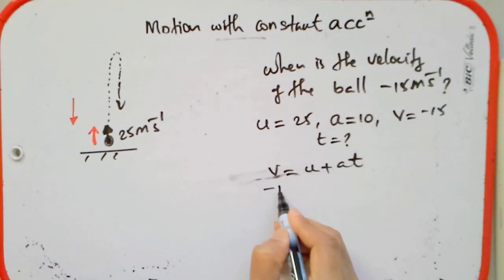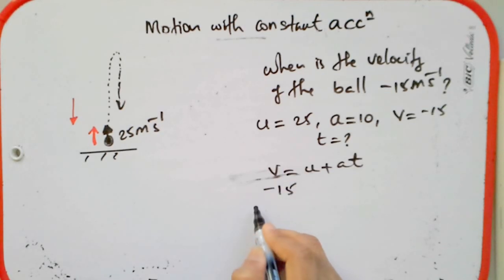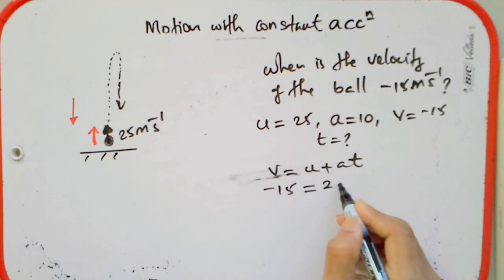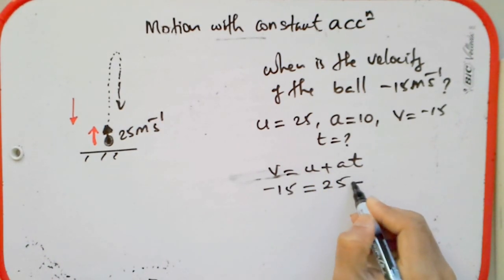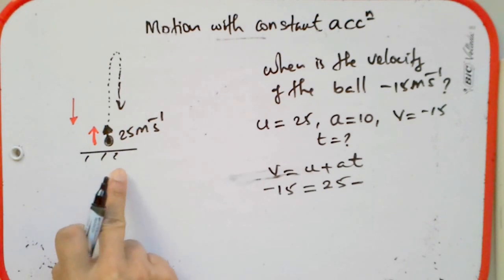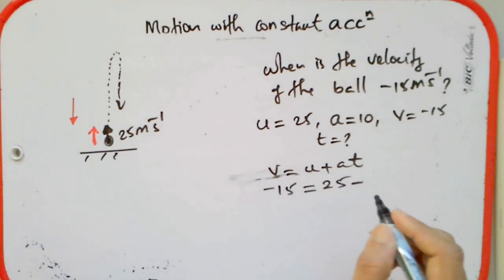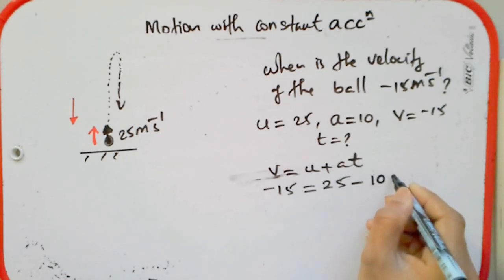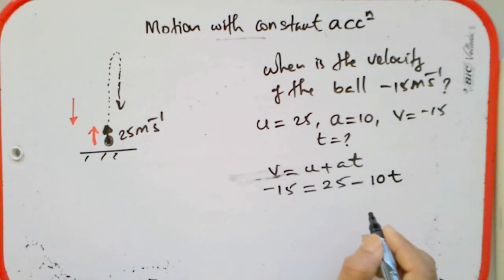Final speed this time should be minus 15. Initial speed is given, 25. I'll put a minus sign, because the acceleration is downward but you are throwing the ball upward. So this is minus 10t.